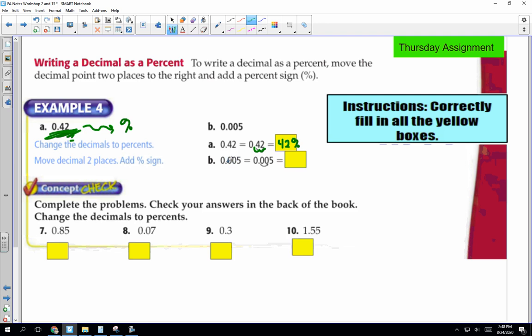If I have 0.005, so like in B, I'm going to move the decimal 2 places to the right. I have 0.5%.